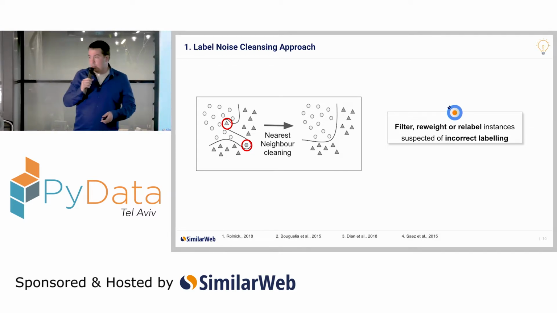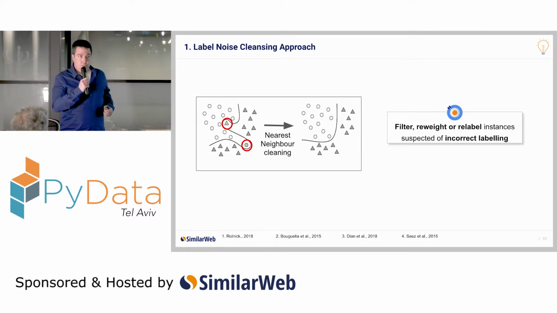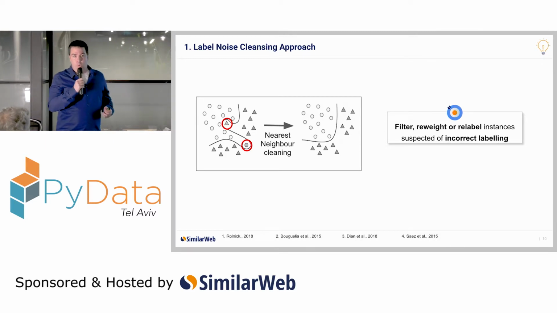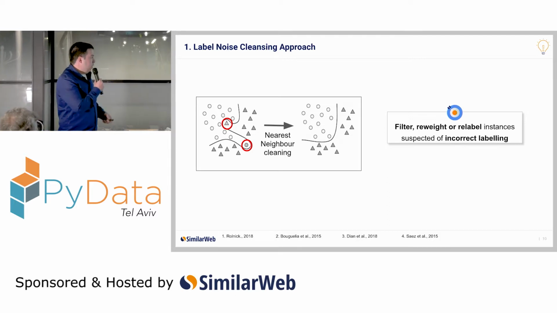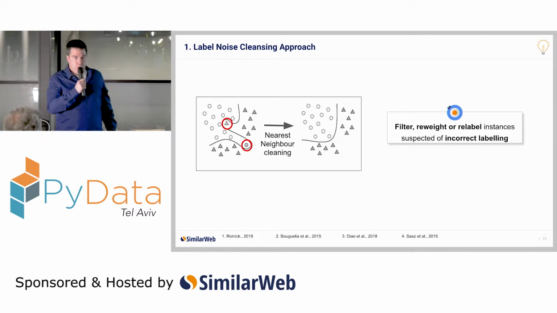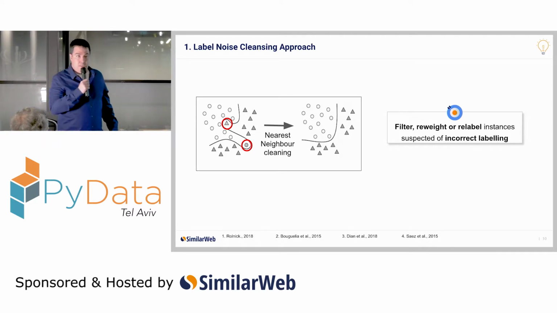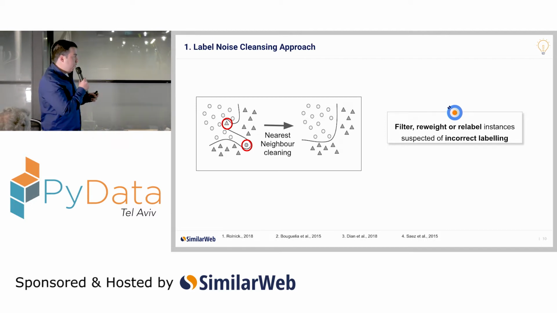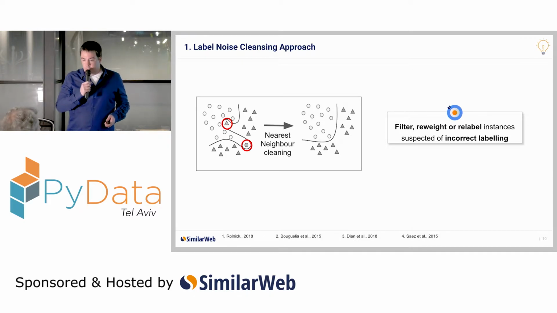The detection of these instances can be done using scoring methods which are also used in anomaly detection or outlier detection. Like you see in this simple example on screen, where I used a nearest neighbor approach in which we filter out instances if the class of the instance does not agree with the majority class of instances near it in the feature space.